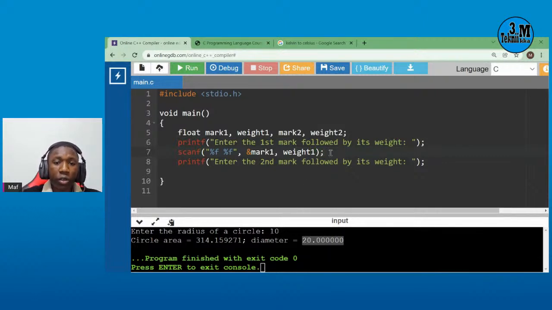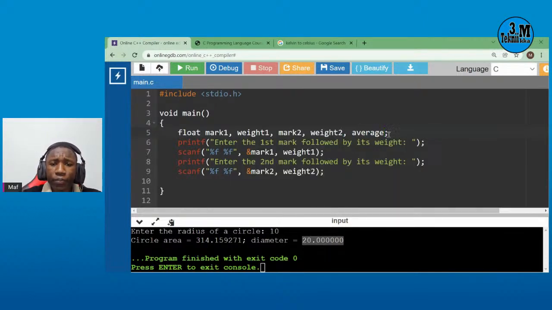Okay, that's fine. The user is going to enter the first mark and weight here, and the second mark and the second weight here. And at the end, you just need to calculate the average.